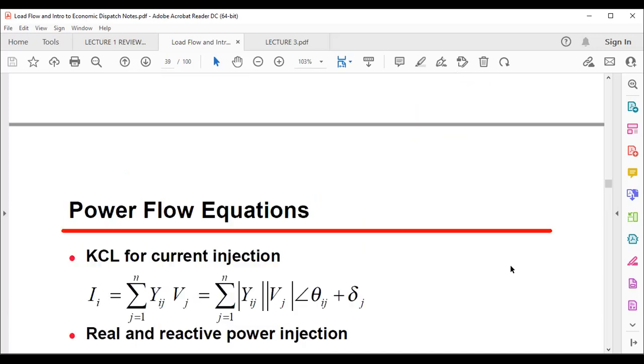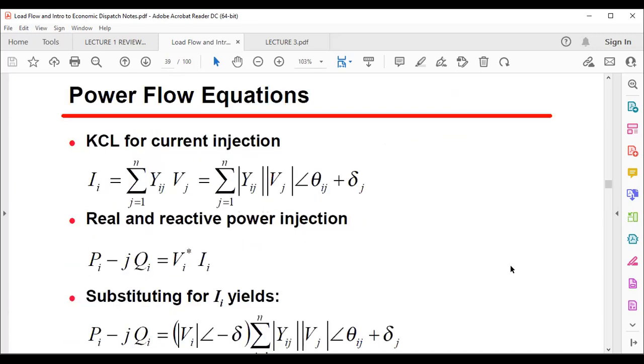Now, we want to relate this to the power flow equations, because all we are doing is a review of probably what you did some time ago. We already know generally the equations are set using the KCL equation initially.